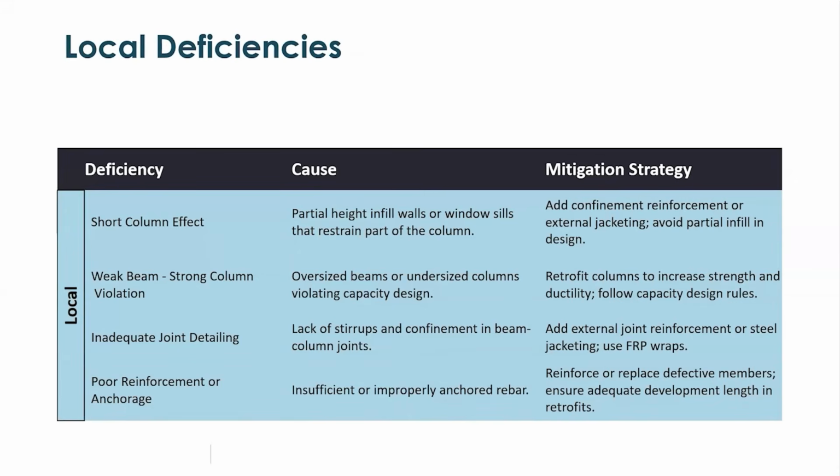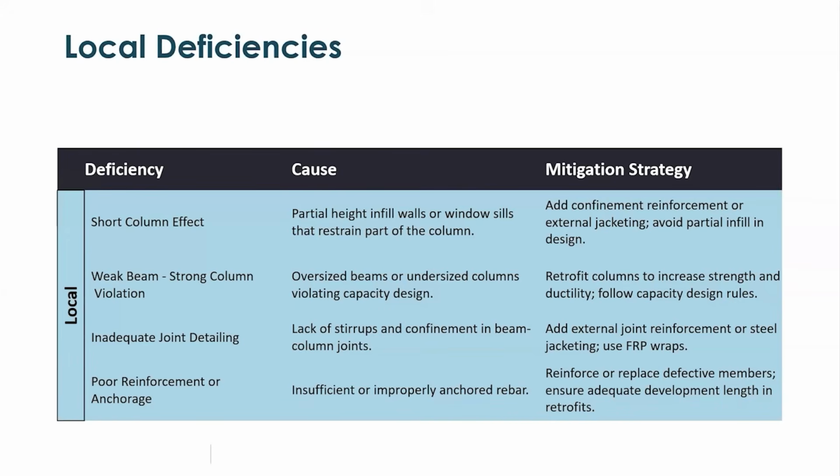Similarly, weak column, strong beam condition. Normally, columns should be stronger than beams, but sometimes in low-rise buildings that's not the case. So we have to retrofit the columns, or we have to make sure that that particular frame does not participate in the lateral load resistance. For inadequate joints, most of the time you rebuild the joint. Once again, one way is to strengthen the joints, the other way is to reduce the demand on the joint.